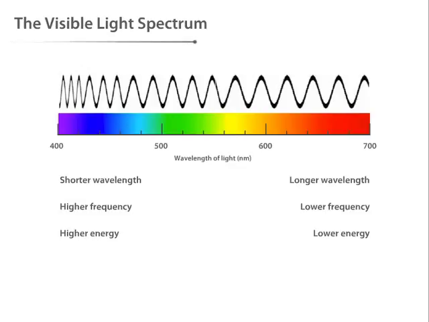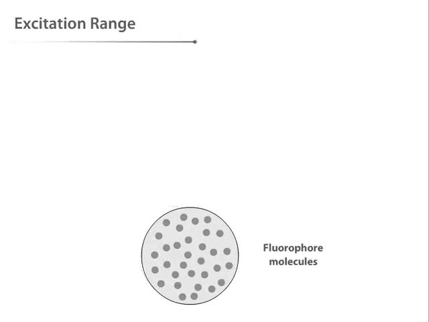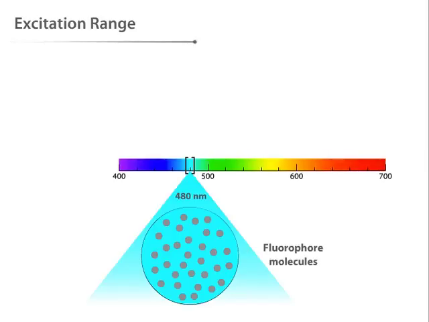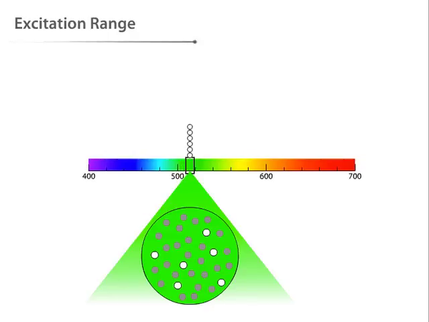For example, let's say that we have a tube that contains a particular fluorescent dye. If we shine 480 nanometer light at the dye solution, some of the fluorophore molecules will become excited. However, the majority of the molecules are not excited by this wavelength of light. As we increase the excitation wavelength, say to 520 nanometers, more molecules are excited.